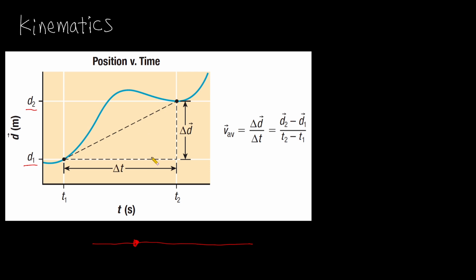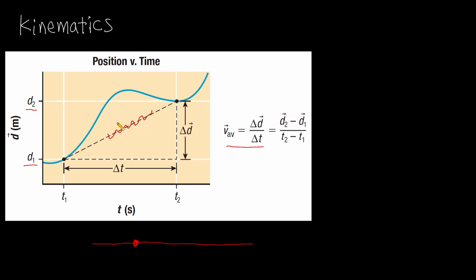This horizontal dotted line represents the time interval delta t, and this vertical dotted line represents the displacement delta d. Checking the graph and the formula, we can know that the average velocity from t1 to t2 just equals the slope of this dotted line.